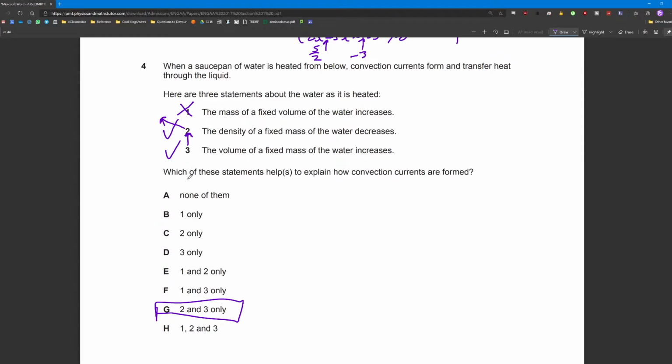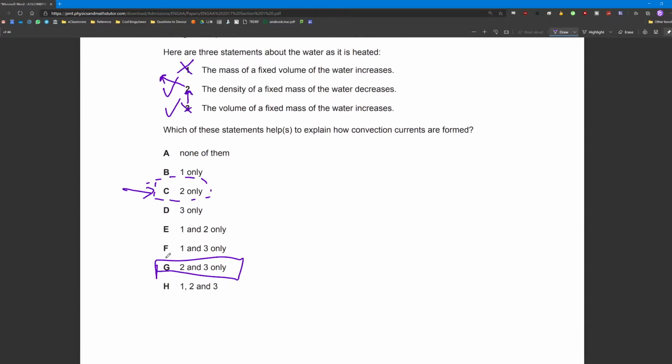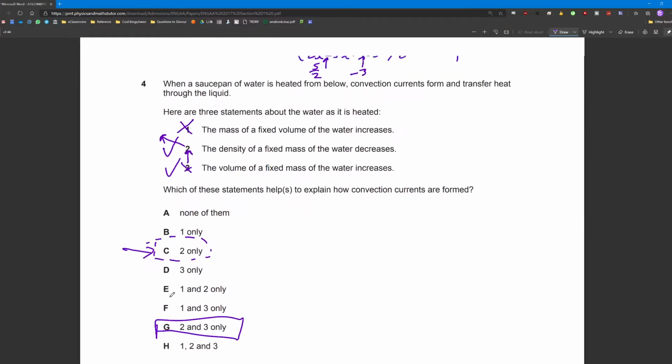Though I don't know. It is possible that the examiners would select 2 only. But the thing is, not including 3 would be overthinking it. And generally in multiple choice questions, you don't want to overthink it, you just want to answer something that is likely to be correct. So I would put G in a time-pressured situation like the ENGAA.